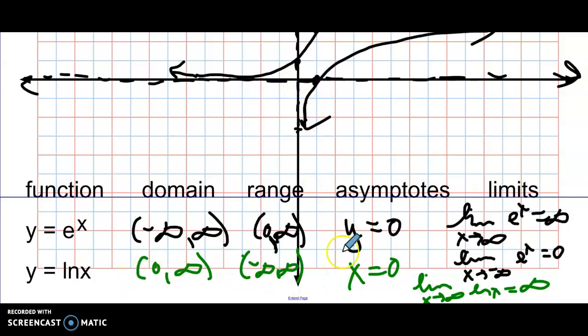So for natural log, instead of saying the limit as x approaches negative infinity, we say limit as x approaches 0 of the natural log of x. As x gets closer and closer to 0, y gets closer and closer to negative infinity. The limit as x approaches 0 of the natural log of x equals negative infinity.